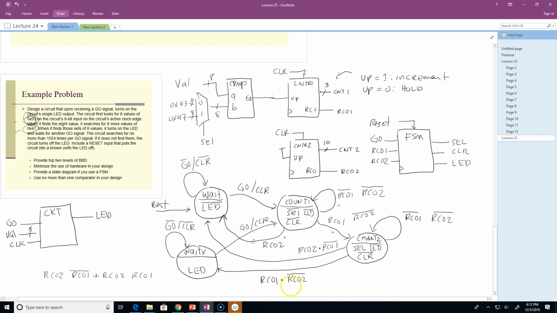There's the case where I do find the event and it hasn't timed out, but the other case is when I do find the event, RCO1, RCO2, RCO1 and RCO2.